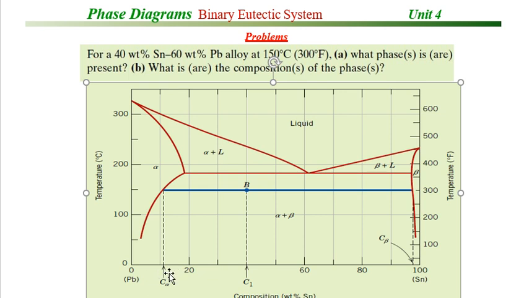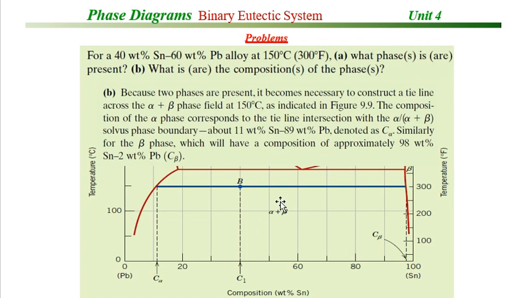So it is 11% tin, this is 40% tin and this is 98% tin. We are writing in terms of tin now. Next step is to write the percentage of alpha and the percentage of beta, which is lead and tin. Apply the lever rule here and you will be able to calculate the required quantities. If any queries in this numerical, you can ask again. Thanks.